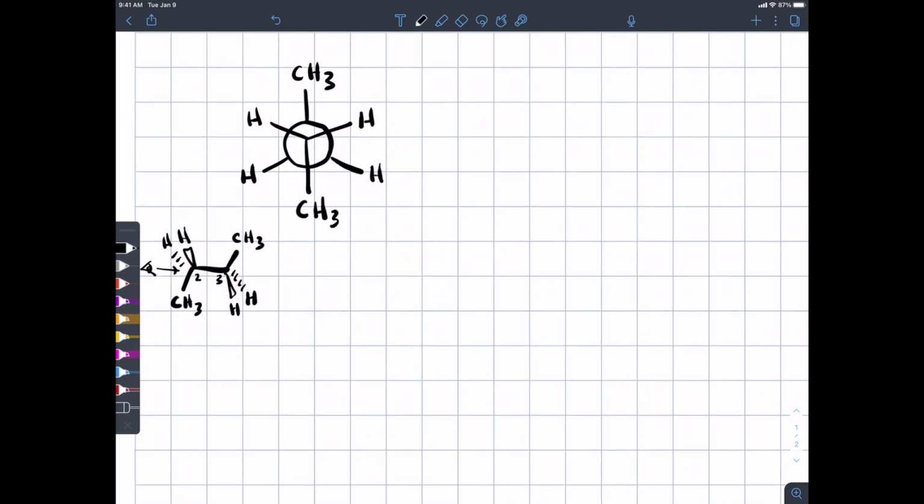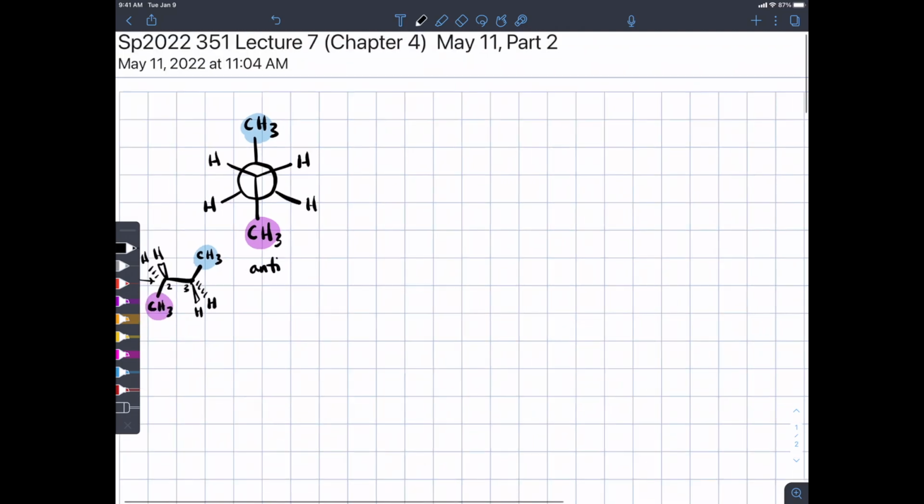All right, we've got the purple methyl group in the front and the blue methyl group in the back. So here the dihedral angle between the methyl group in the front and the methyl group in the back is 180 degrees. We can call this an anti-conformation.